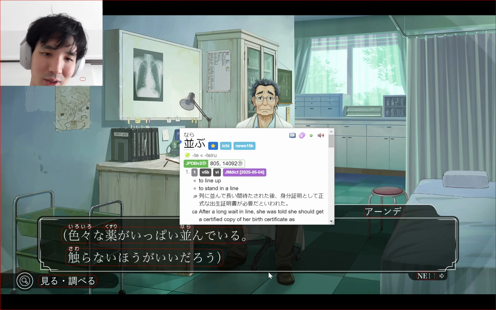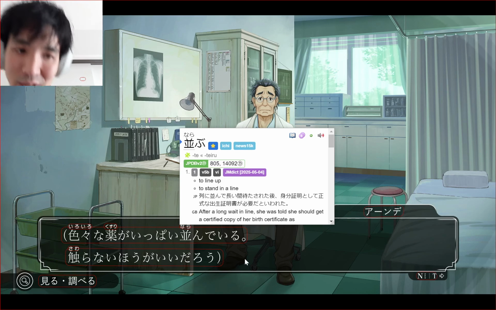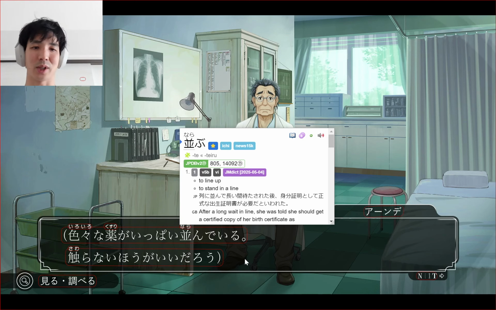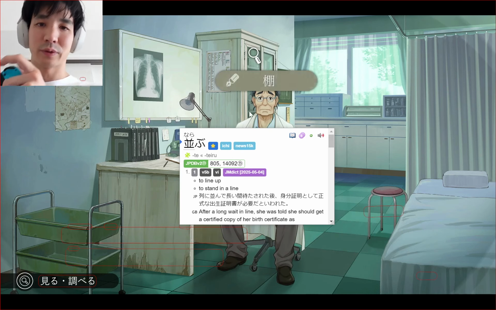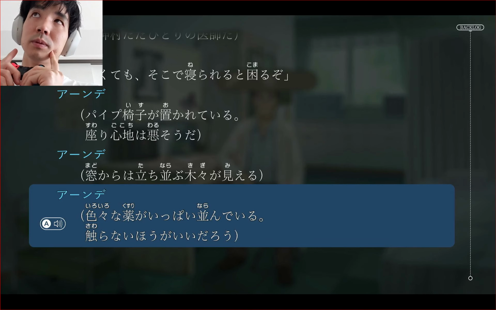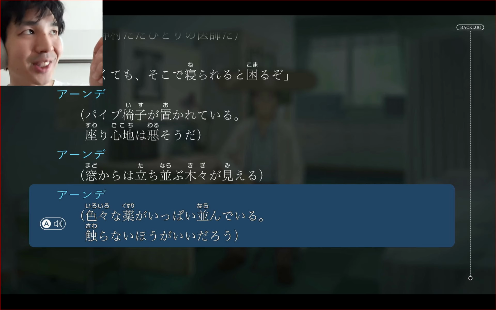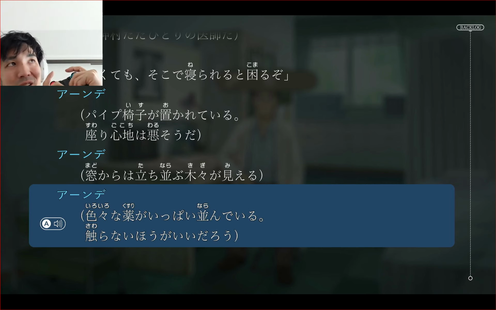It would be good not to touch them. だろう, it seems like, right? 触らない方がいいだろう。I hope I get better at being able to say things in Japanese.